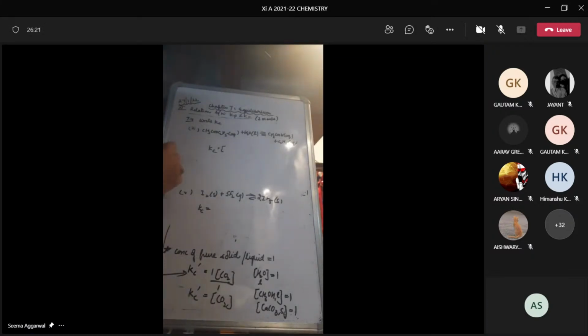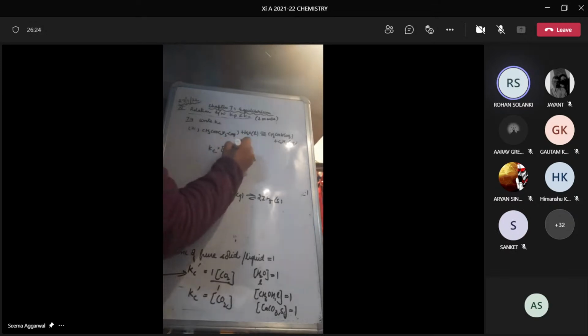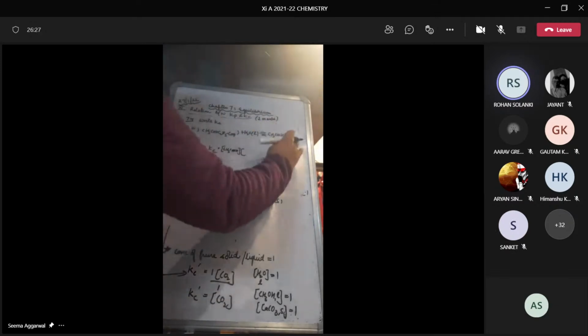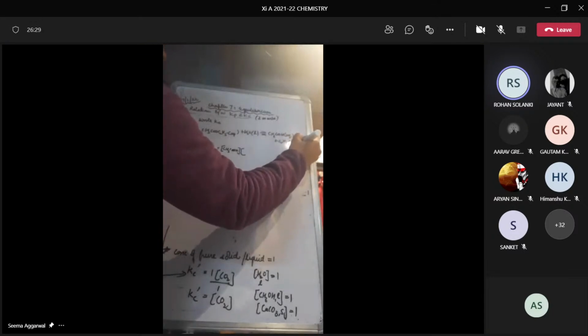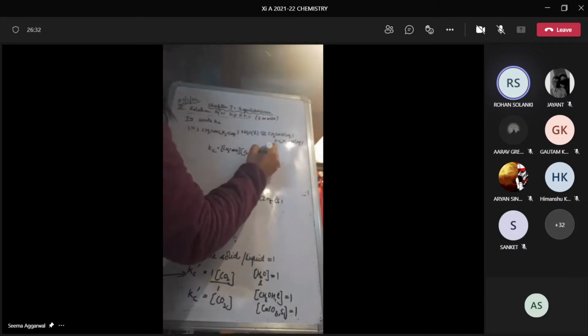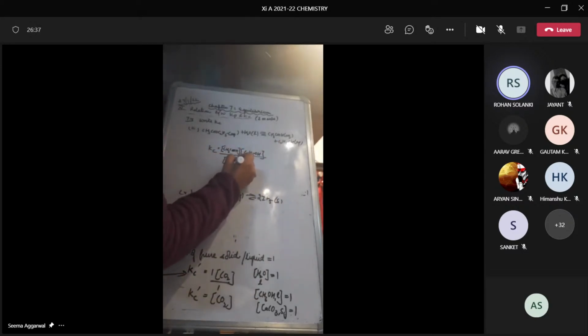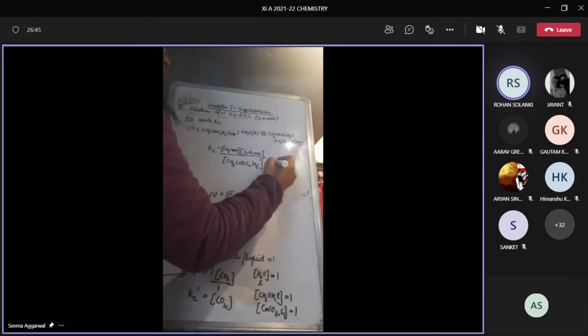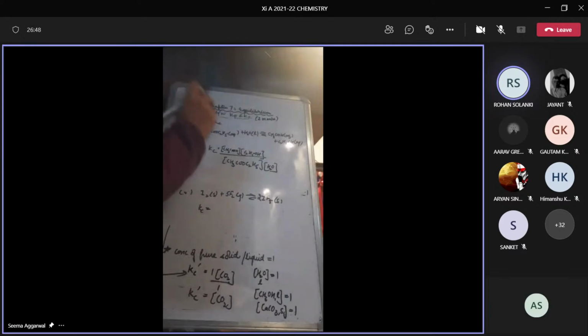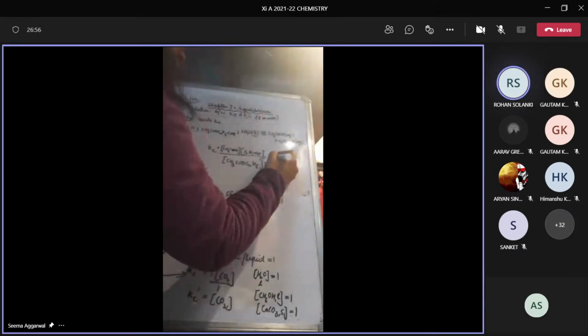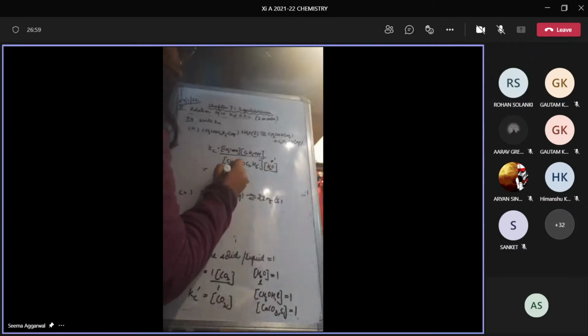Ma'am, concentration of CH3COOH into concentration of C2H5OH upon concentration of CH3COOC2H5 or H2O, concentration of H2O. Ma'am, H2O is in solution. So the concentration of aqueous is not 1, but water written as liquid will be 1. This formula will be modified next.